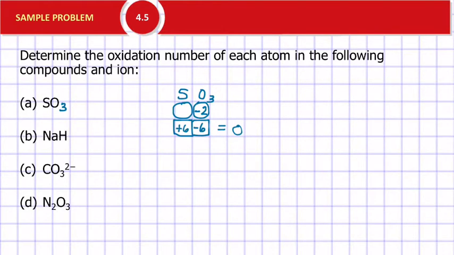So this must be +6. Again, there's only one sulfur, and so it's +6. So sulfur is +6, oxygen is -2. Any questions?